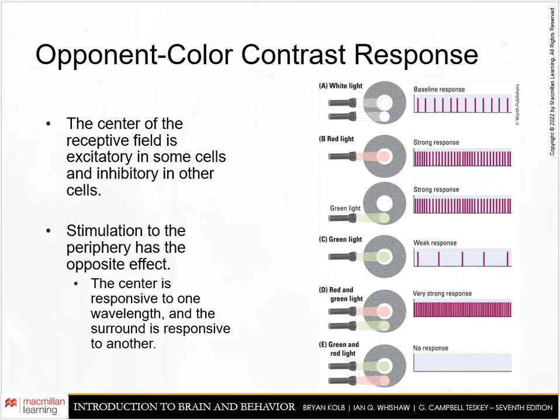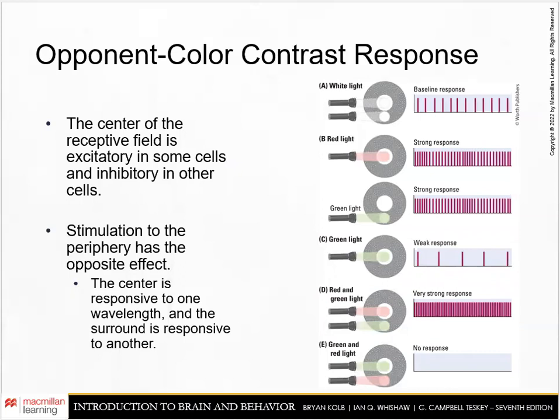The cell responds strongly to a spot of red light in its center and the red's paired wavelength, green, in the surround. It is strongly inhibited by a small spot of green in its center, and the RGC responds very strongly to the simultaneous illumination of the center with red and the surround with green.